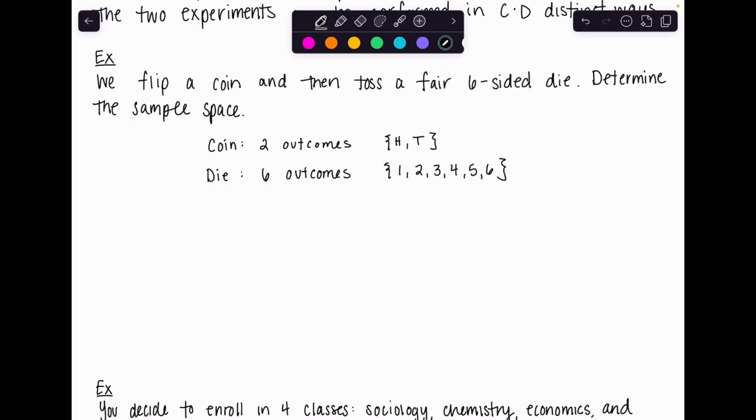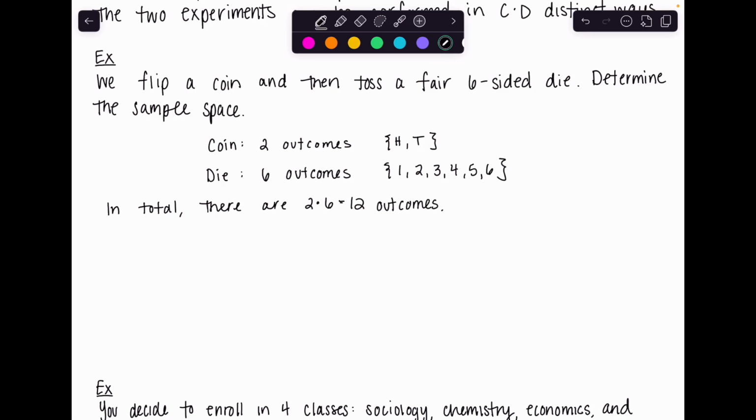Okay. So there's 2 outcomes for the first event, 6 outcomes for the second. So if I'm going to do both of these events in total, there are 2 times 6 or 12 outcomes for these 2 experiments.